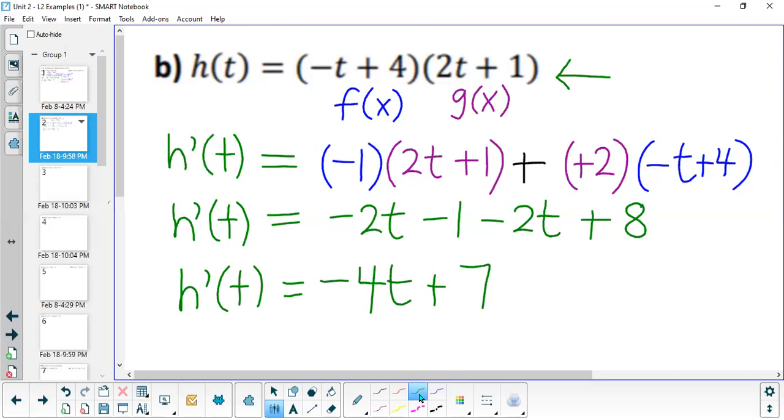Now, what I do not want to see on the test is you foiling this and applying the power rule. I don't want to see this. I'm testing you to demonstrate that you know how to apply the product rule. So when you see a product, you apply the product rule, not the power rule. Okay, I want to be very clear about that.